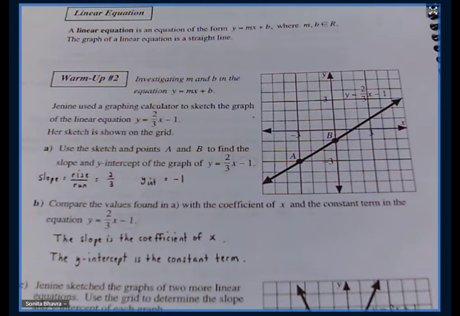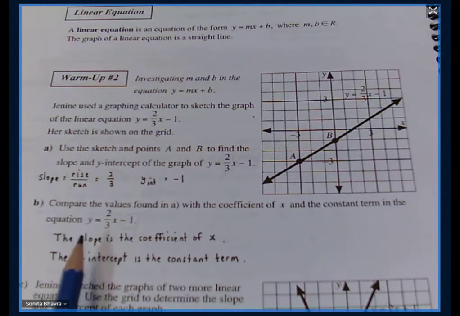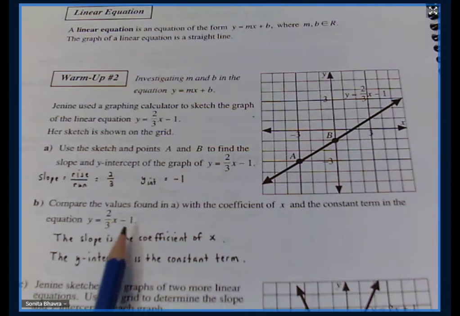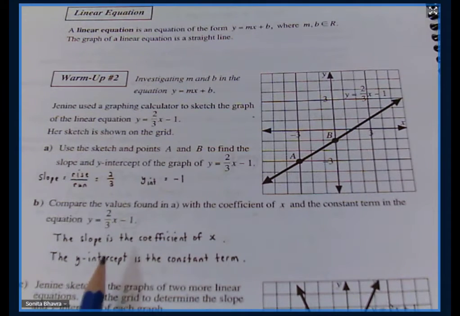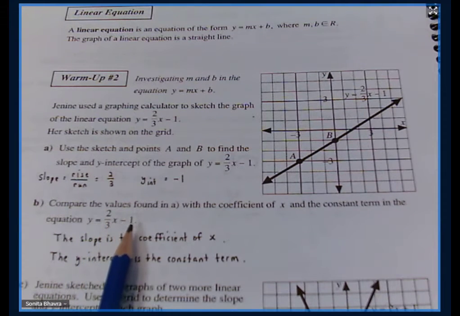Okay, let's take a look at a summary. The slope is the coefficient of x, again 2 over 3. The y-intercept is that constant term at the end, which was our -1. So again, that's in our y equals mx plus b form.